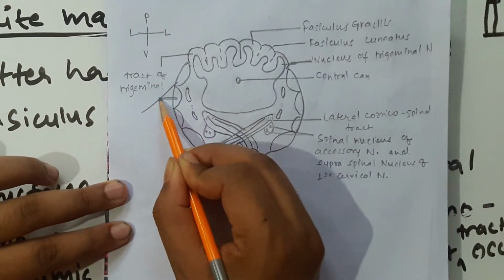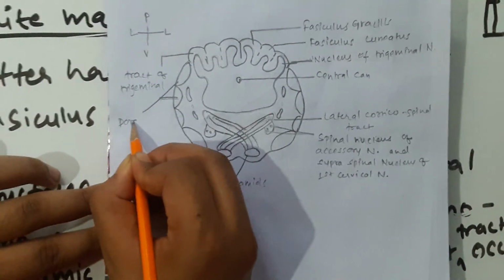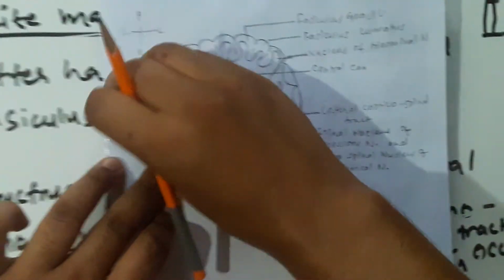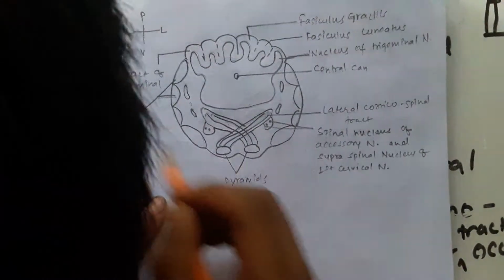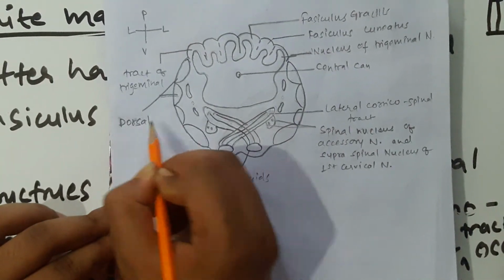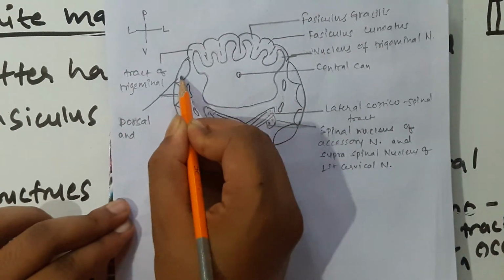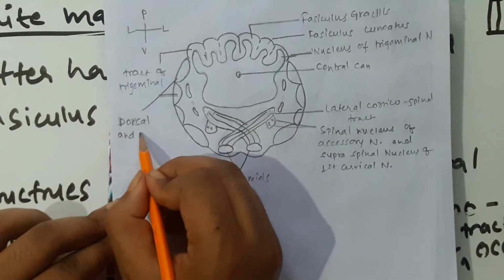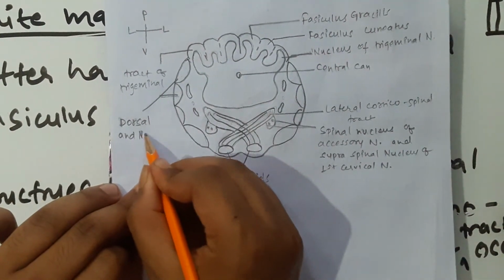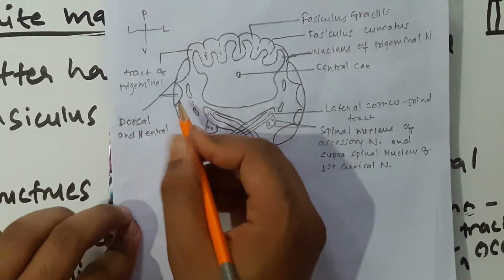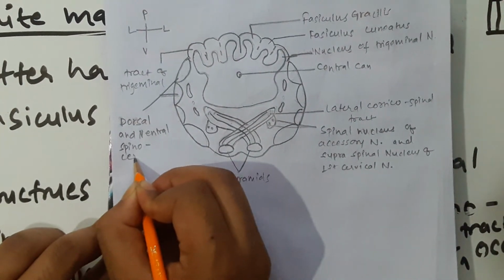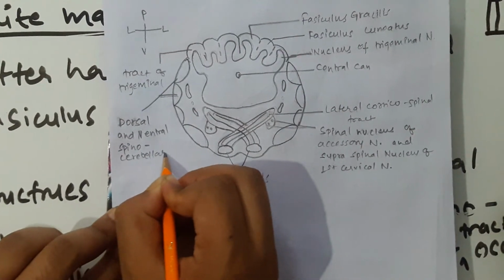And this is the dorsal, this is lateral. Dorsal and ventral spinocerebellar tract. These are the spinocerebellar tract.